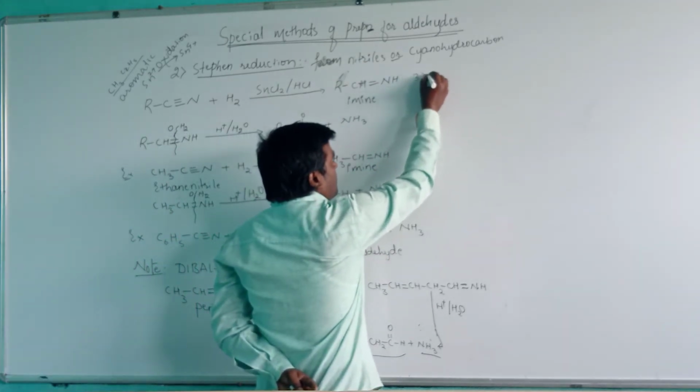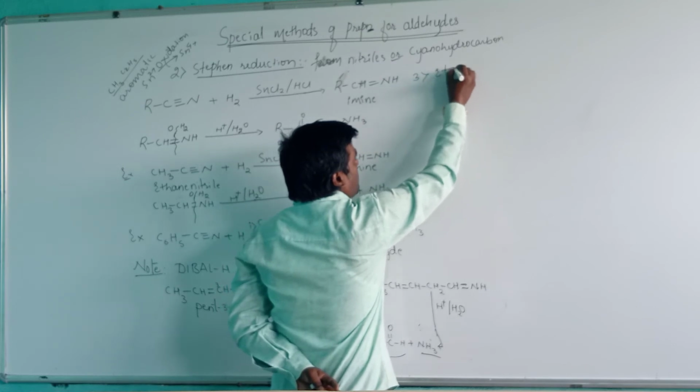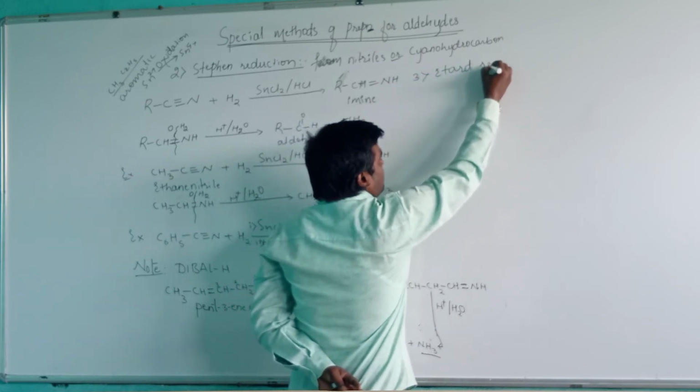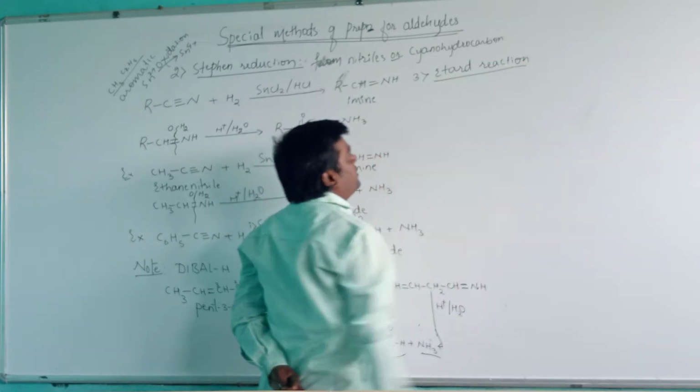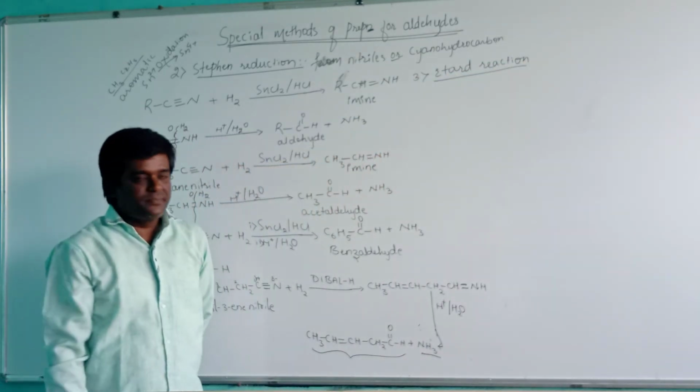In the third one, the Etard reaction, we will use toluene for the preparation of aldehydes.